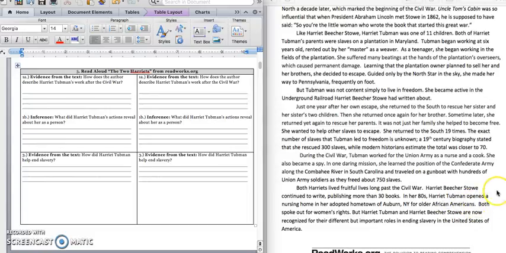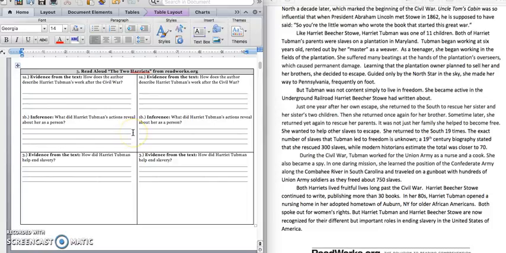So we would underline that and write a number 1 out beside it, and then we would get ready to write our quote in 1A. In her 80s, Harriet Tubman opened a nursing home in her adopted hometown of Auburn, New York, for older African Americans. Press pause to write down your answer and play when you're ready for 1B.